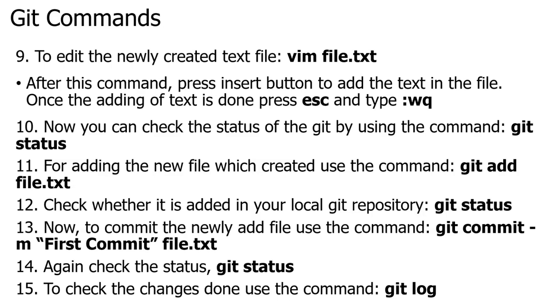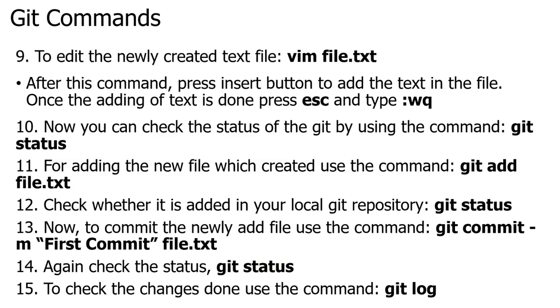Next, after adding it, you have to give git commit. To commit it, we have git commit -m, and the message you require can be given inside quotes, followed by the file name. Yes, next, after committing, we have to check the status again, right?